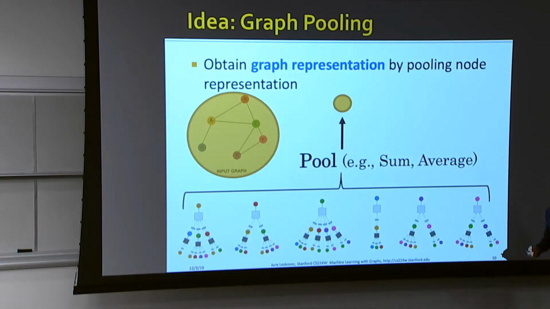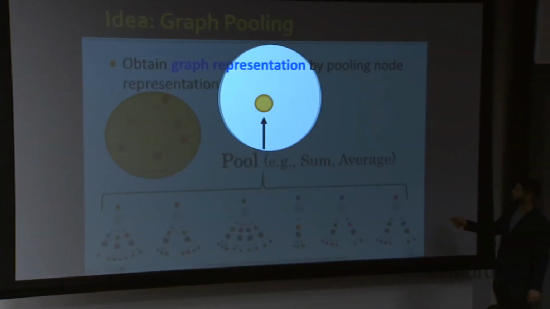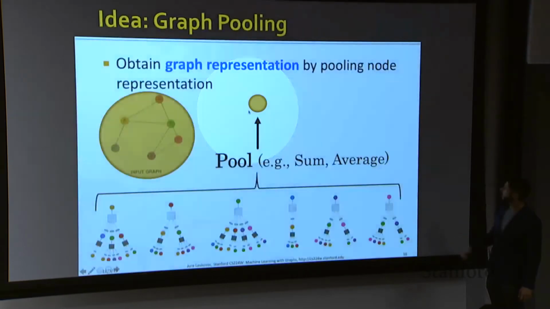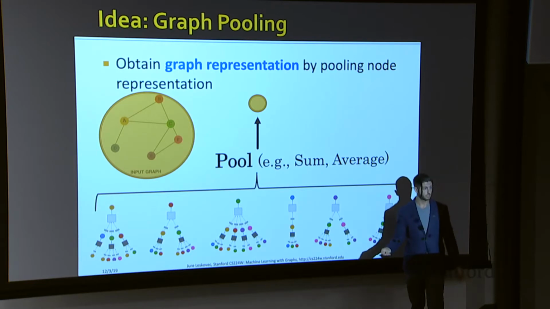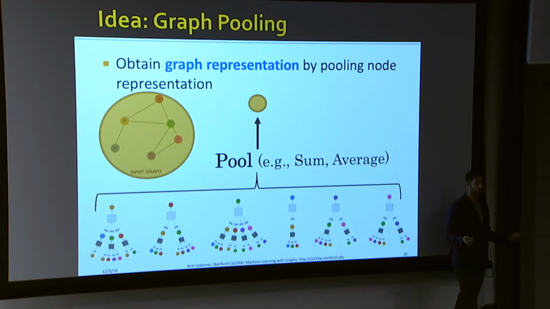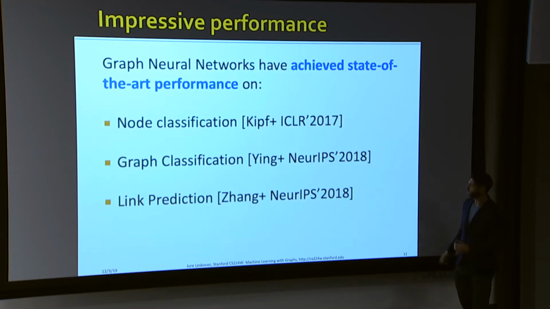And then we obtain one final representation for our graph, okay? And this is extremely useful in case, for instance, we want to do graph classification. So the idea is we have a large collection of graphs and we want to come up with one representation, one fingerprint for that graph, and figure out if there are other graphs matching it or not, okay?